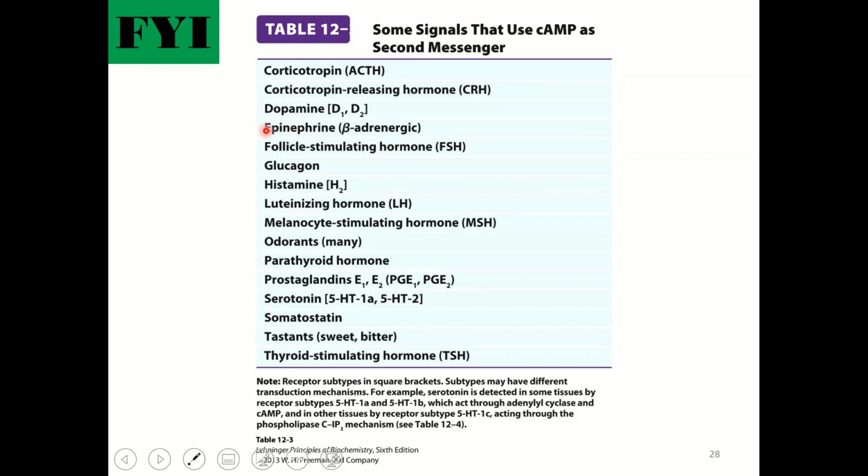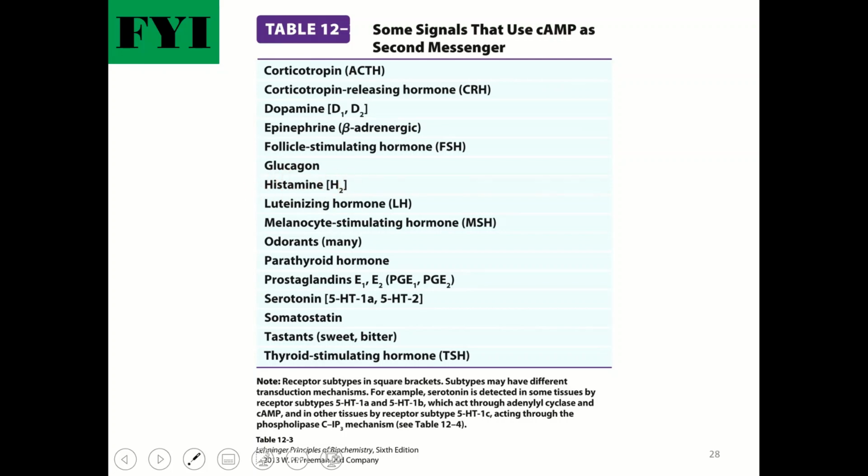Okay. Some signals that use cyclic AMP as a secondary messenger are shown here. We've seen epinephrine, which would be the signal, the example that we showed. Others, maybe pick out some that might be important. Glucagon, we'll talk a little bit more about that next time, its interplay with insulin. Histamine, allergic responses involve histamine.